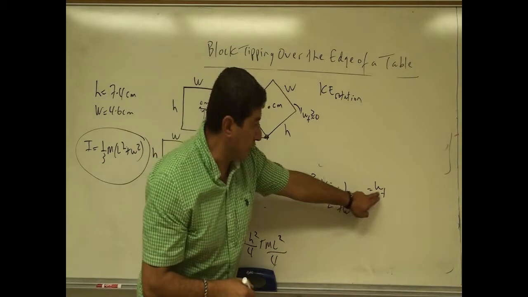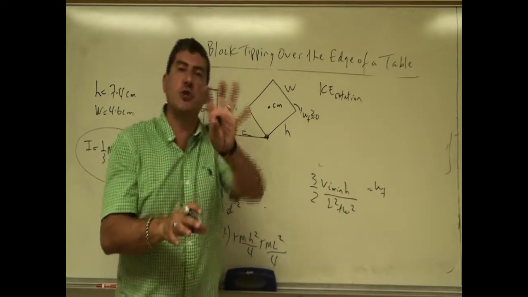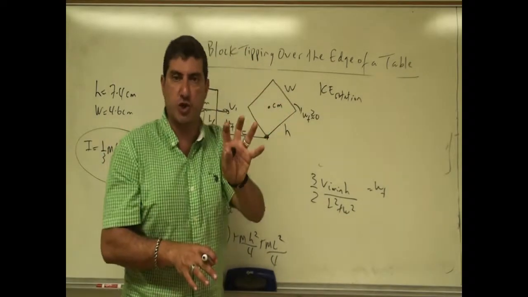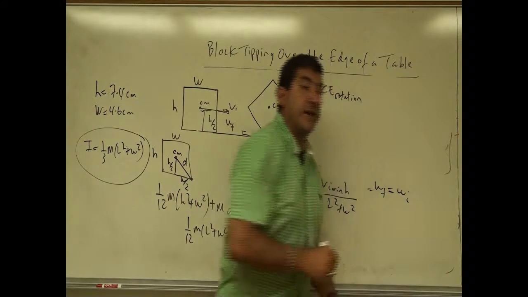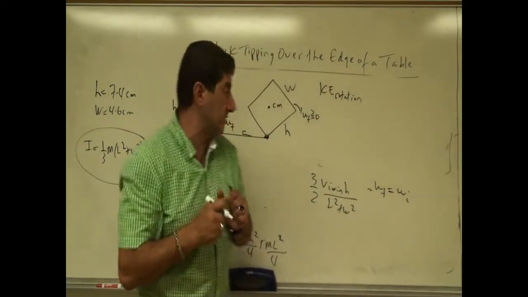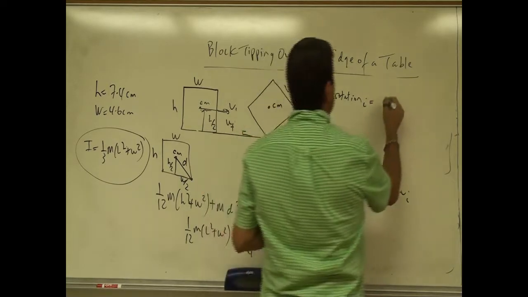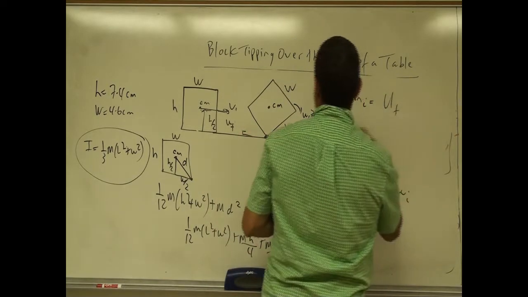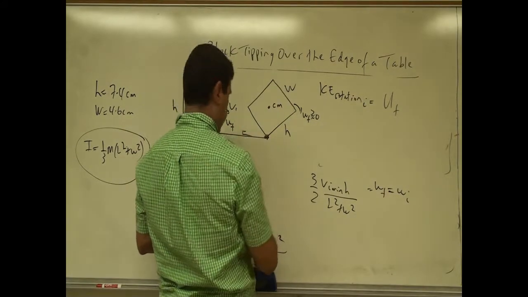So my final omega right after the collision becomes the initial omega of the rotational portion of the problem. The initial omega is equal to the final omega right after it collided with the obstacle, right? So then I'm going to say the initial kinetic energy of rotation equals the final potential energy that it has when it is standing like this with the center of mass over the pivot point, right?